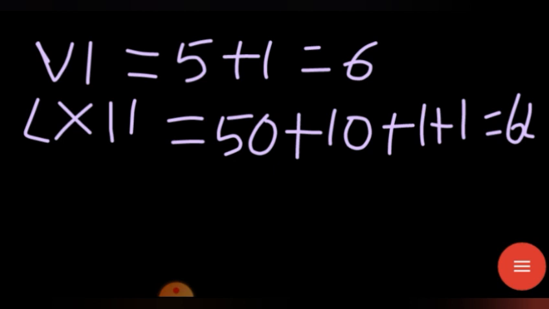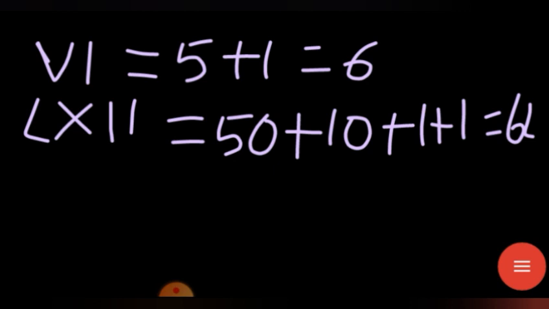Here the smaller numeral is written to the right of the greater numeral. That time the numerals are added. This is our second rule.